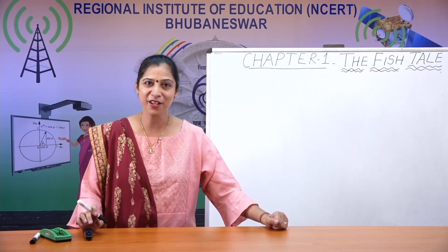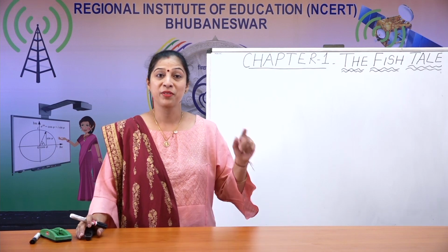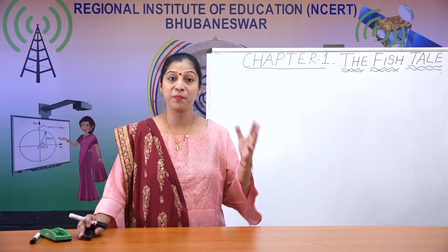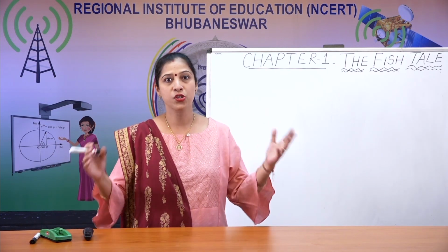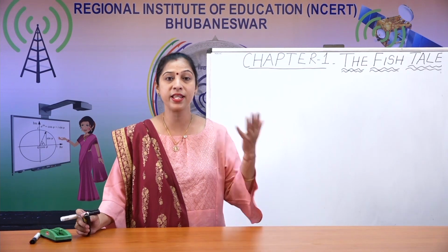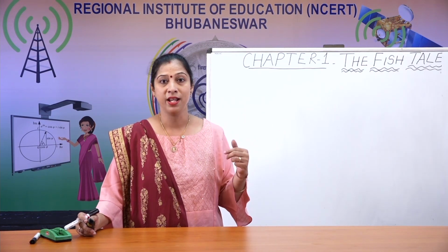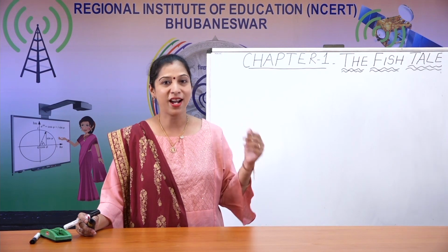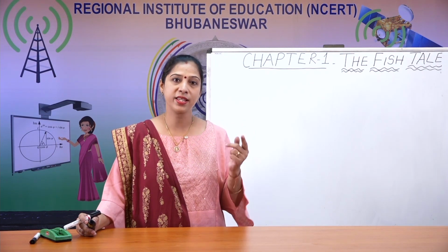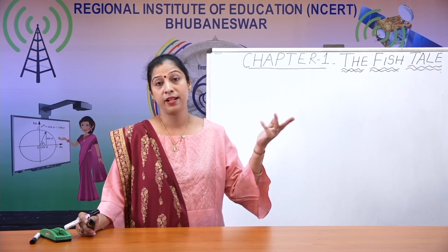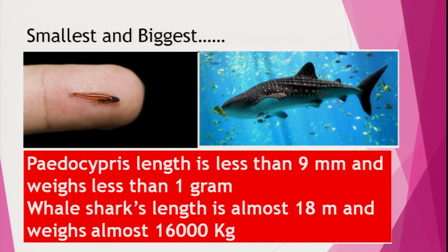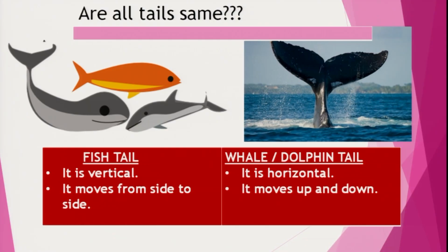How many varieties of things we have. The smallest fish is so small and the biggest fish is so big, almost 18 meters, and 1 meter is equal to 100 centimeters, and the smallest fish is less than 1 centimeter. So imagine how big it is.